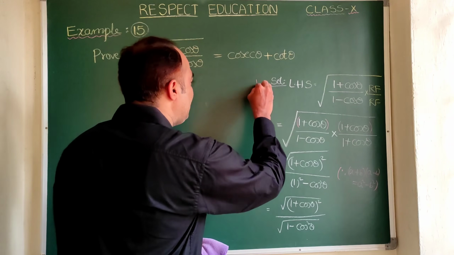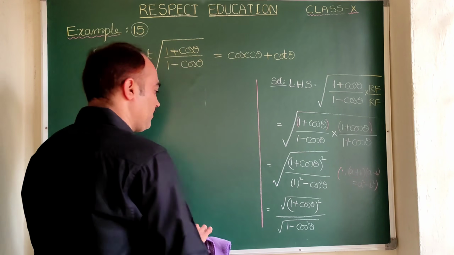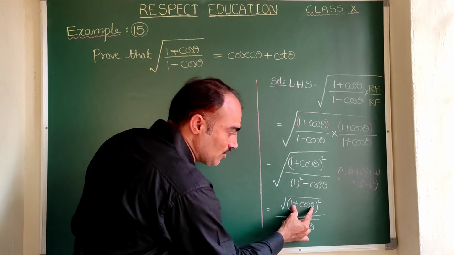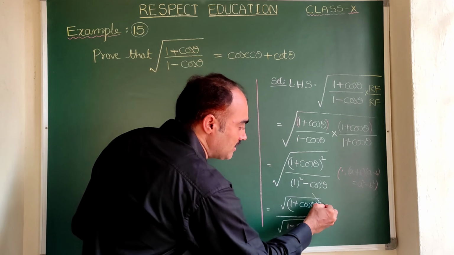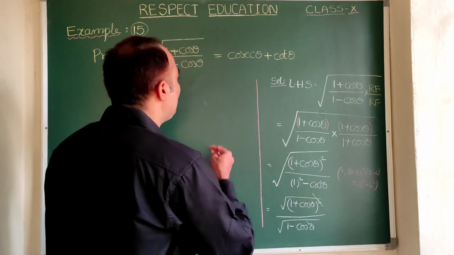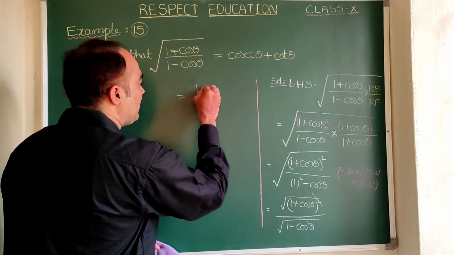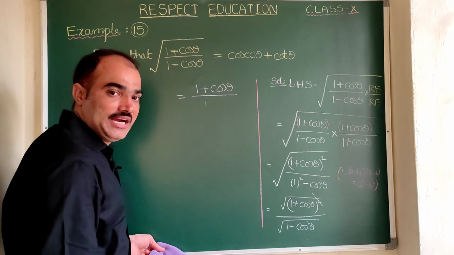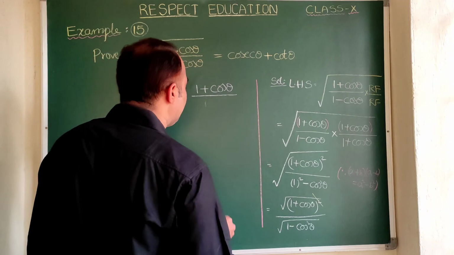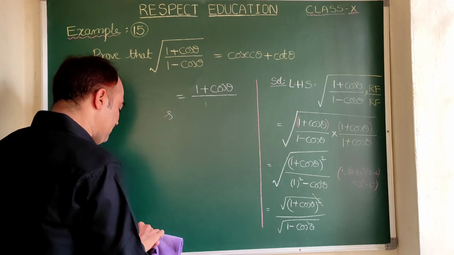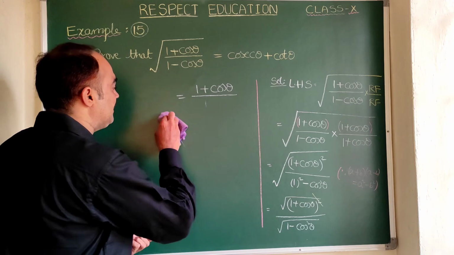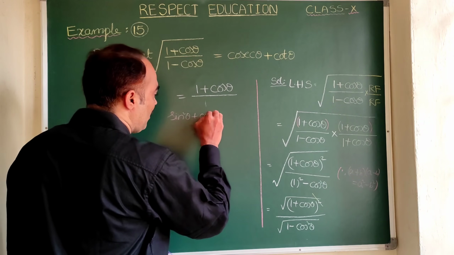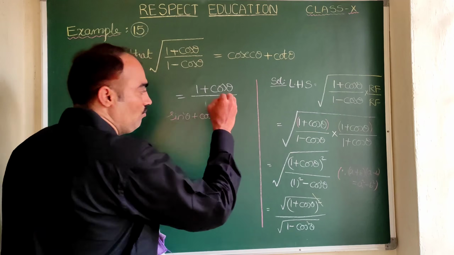Now let us move this side. Here you have to observe carefully, this square is there for this full quantity, so square and root both get cancelled. So here what we get, numerator 1 plus cos theta by, from the trigonometric identities we have an identity, that is sin square theta plus cos square theta is equal to 1.